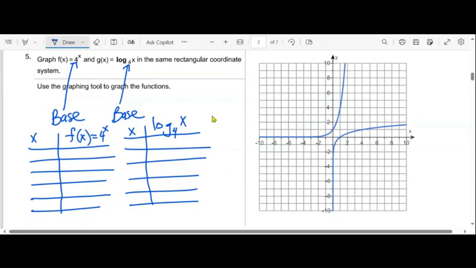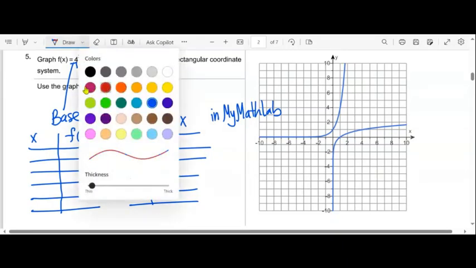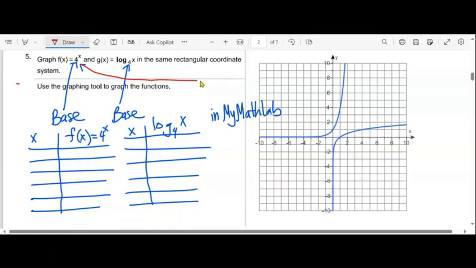In MyMathLab, all you have to do is choose which graph represents the exponential. This one is exponential. This is how the graph looks.